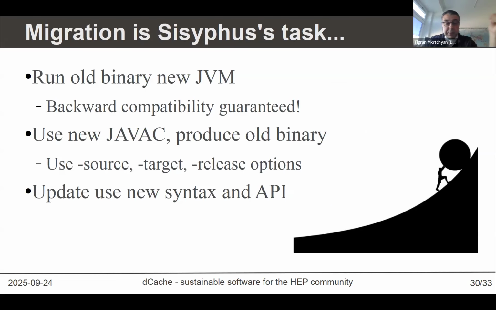So this Java migration is a never-ending story. However, we have a time-proven strategy for how we can do this. First, we make sure that we can run dCache with a newer version of Java without making any code changes. Here we rely on the backward compatibility that Java guarantees. This was a promise made by Sun, and we are lucky that Oracle still keeps this promise.